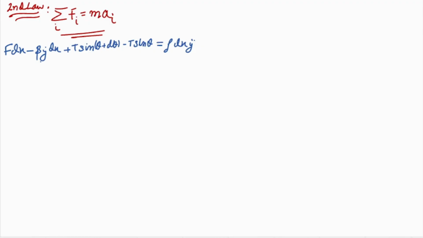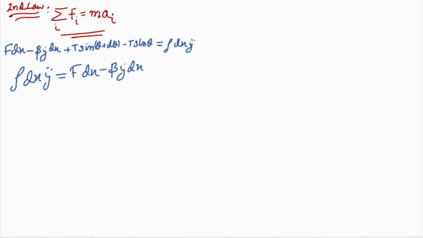I think the font is becoming a bit small, let me write bigger for clarity. So rho dx y double dot. Now why is this double dot? This is the second derivative, and single dot represents the first derivative, f dx minus beta y dot dx.